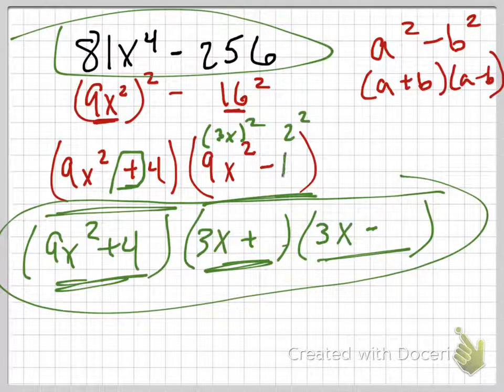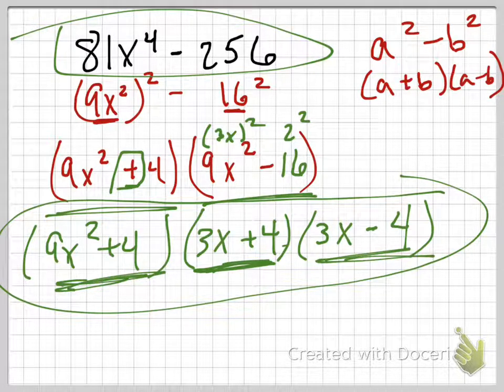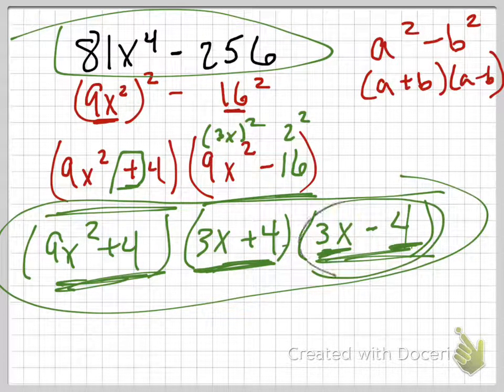So that should be 16, and now that's 4 and 4. And none of these factor any further because we don't have a difference of perfect squares. Notice this is a perfect square, 4 is, but 3x isn't, so that can't factor any further. This also is 16 right here and here.